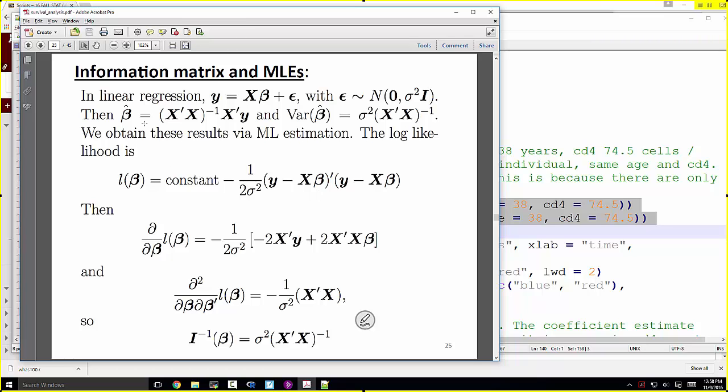One was that the estimate of beta, the least squares, which is also the maximum likelihood under the normal model, is written this way: x transpose x inverse, x transpose y.